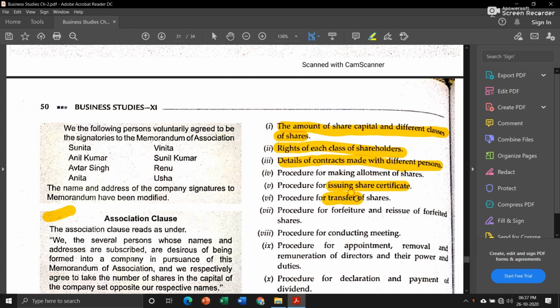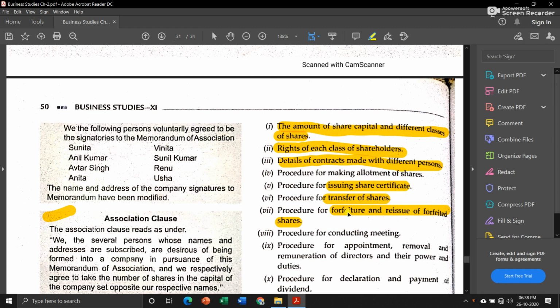Then if any shareholder wants to transfer his shares to someone else, what procedure he has to follow will also be mentioned. Then the procedure for forfeiture and reissue of forfeited shares. Sometimes after issuing shares, when shareholders cannot pay the actual amount of shares, the company cancels those shares.